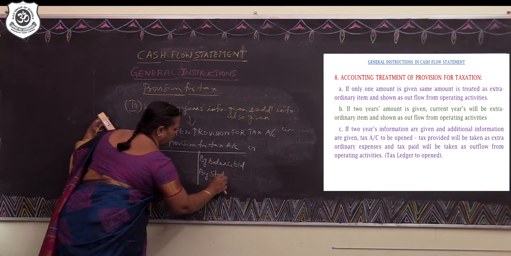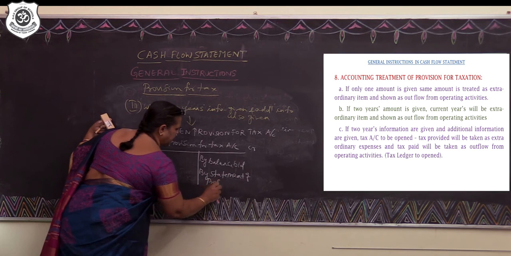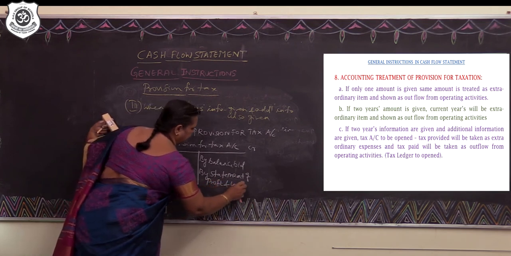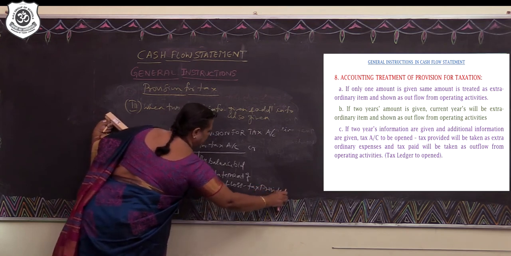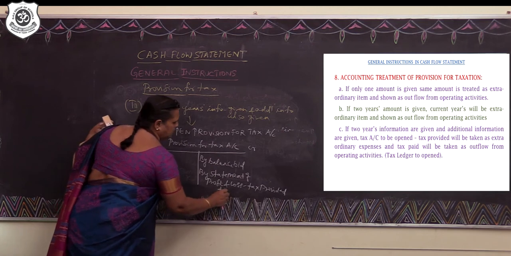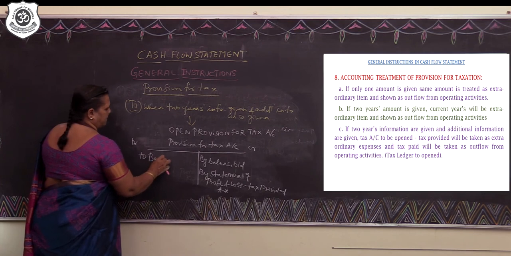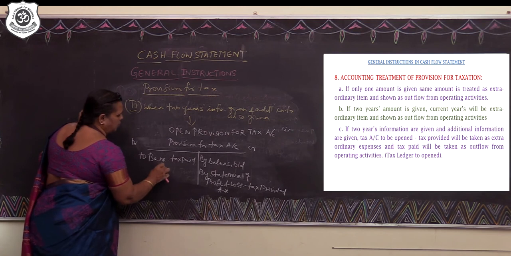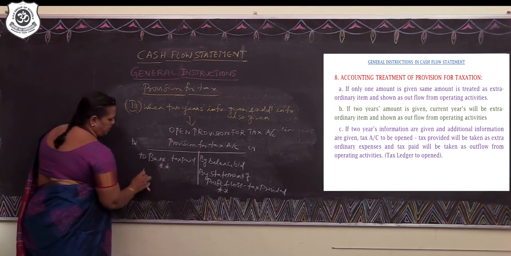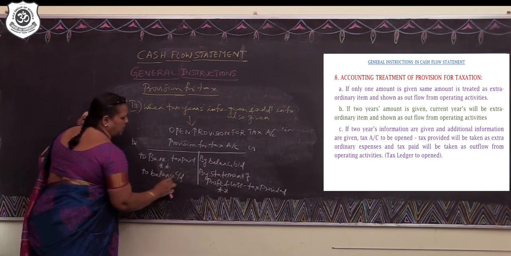By statement of profit and loss, tax provided, which can be a balancing figure, or to bank, tax paid, which can also be a balancing figure, to balance carried down, which is the closing balance.